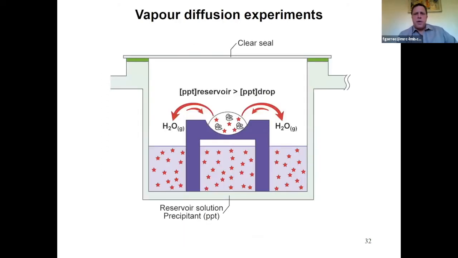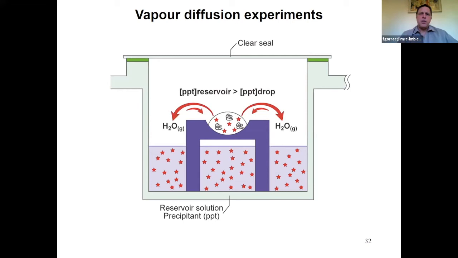So the experiment itself here, vapor diffusion. Basically you have a droplet formed with the sample and a more or less saturated condition with the precipitant. It's in a sealed chamber, and the droplet is above the condition itself, which is much more concentrated in precipitant than the drop.